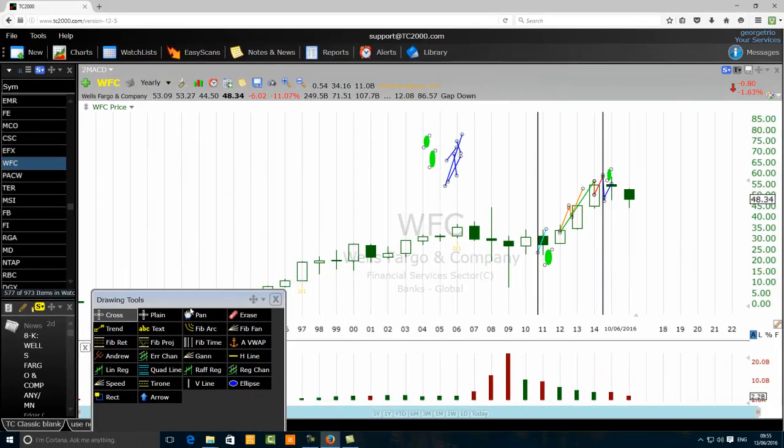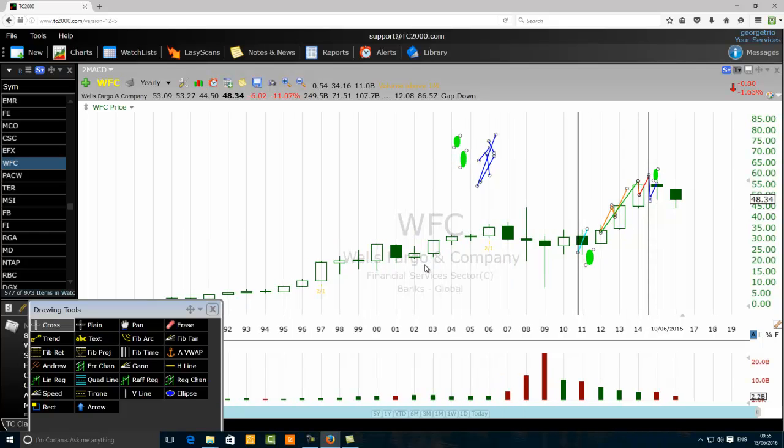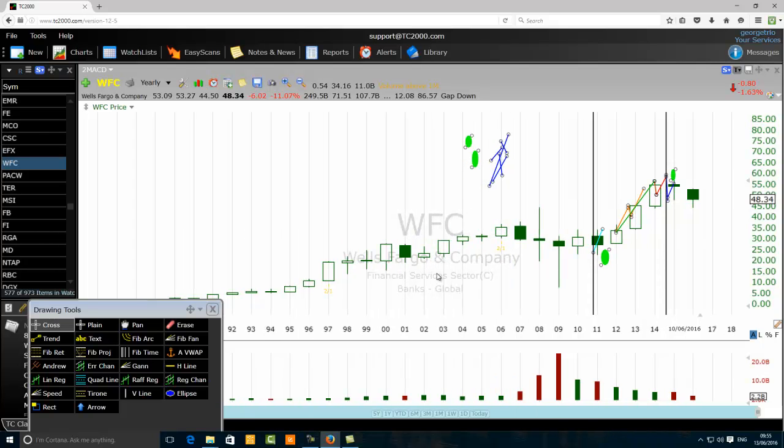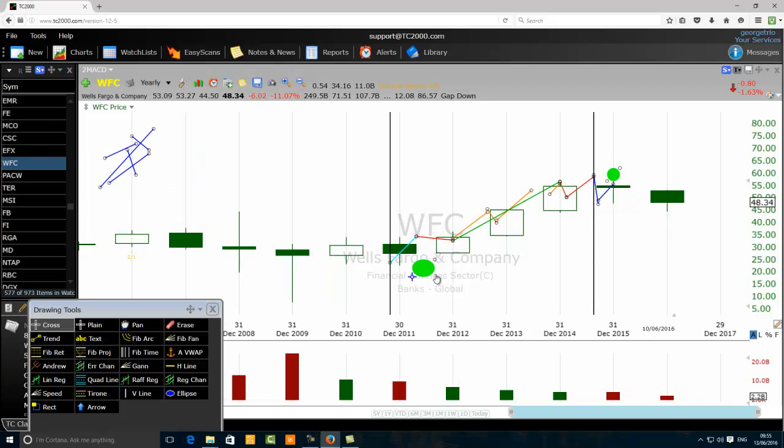Now here we are. You see my Elliott wave count, the two vertical lines, that's the end of my fifth wave right there. If you look at the yearly chart now, what do you see?